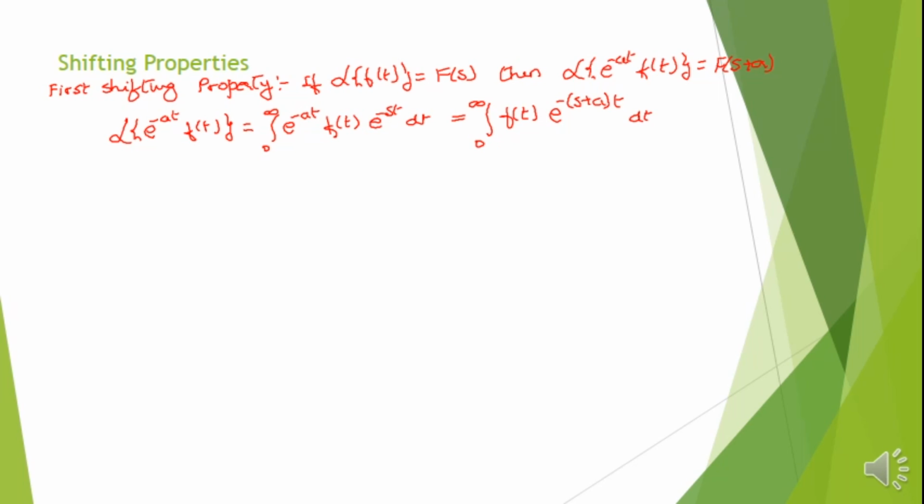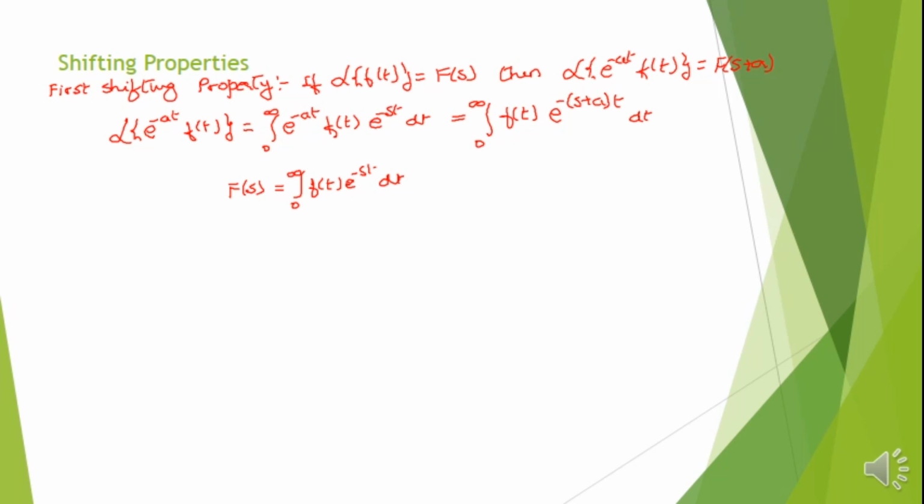Now we know that F of s equal to integral 0 to infinity f of t e to the power minus st dt. See, the coefficient of minus t in the exponent is s. So in this case, integral 0 to infinity f of t e to the power minus (s plus a) into t.